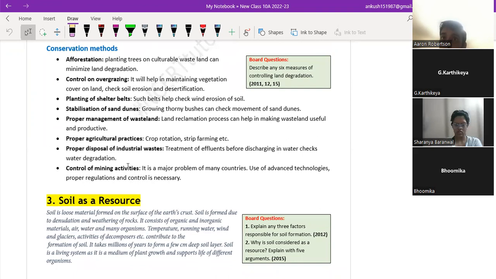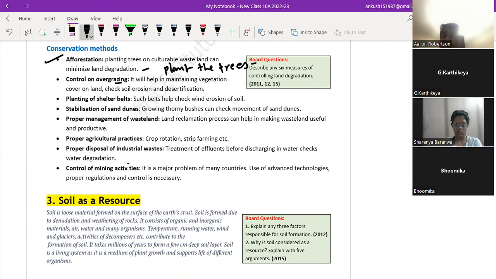So first of all, if you want to conserve the land, you can go for afforestation, planting trees on cultivable wasteland, and minimize land degradation. First thing, we should plant trees. Then control overgrazing.